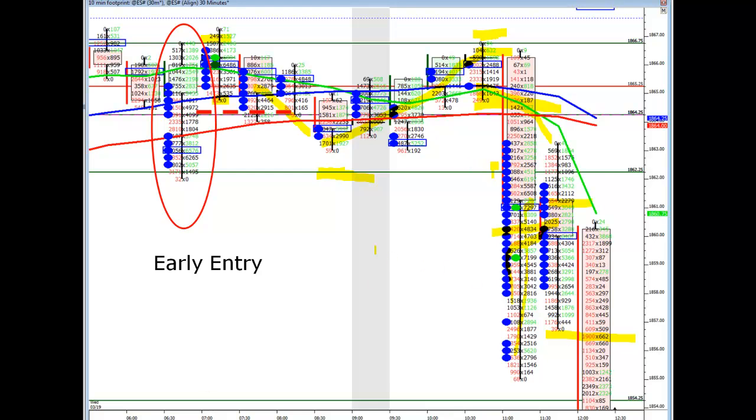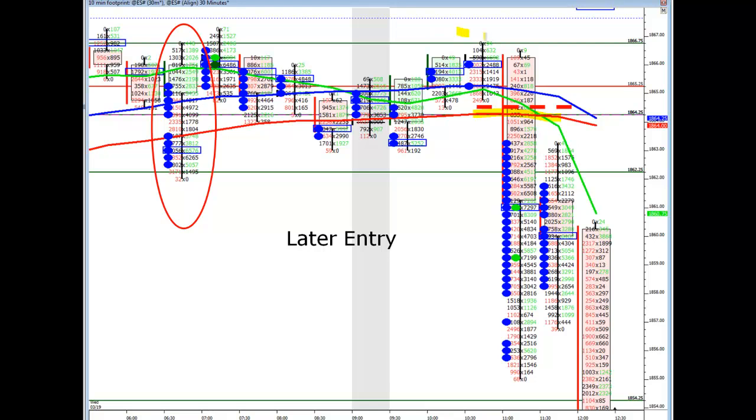So this was the early entry back here, and I talked about the later entry up here, and we had two opportunities at the top. Those would be what I would label very, very aggressive entries at the top, especially the very first one here. The second one is more palatable.